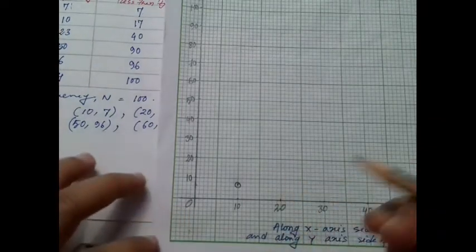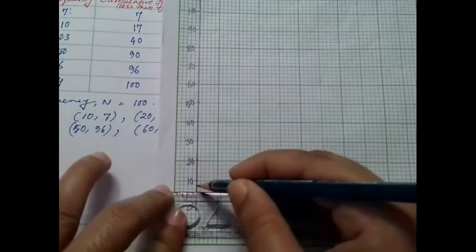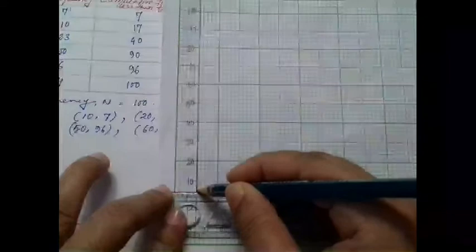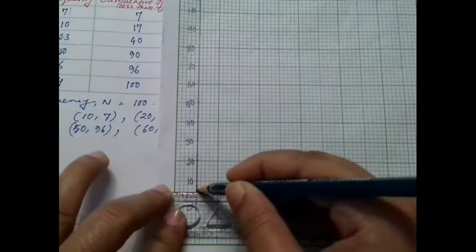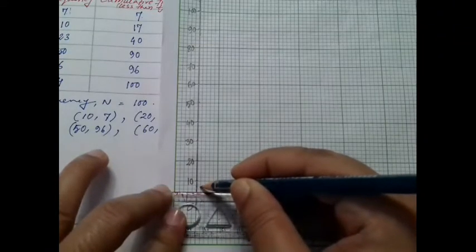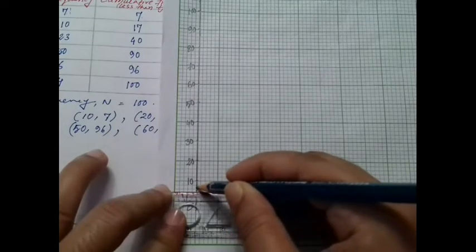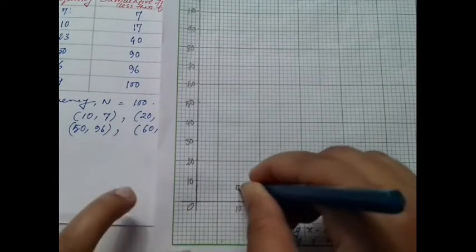So this one is the point 10, 7. It is at the middle of the side of one small square. See, for 0 to 10, the middle is 5, and 5 plus 2 means taking the length equal to one small side, so this is 7.